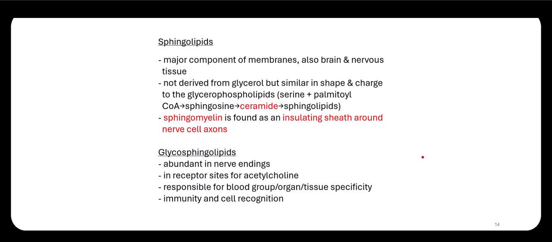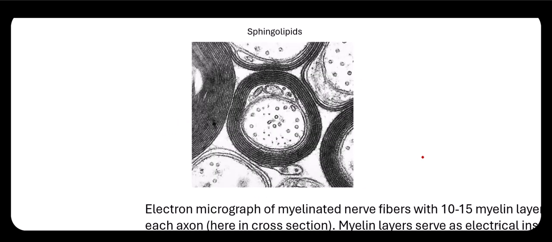But we're using sphingosine instead. So glycosphingolipids are abundant in nerve endings. You'll see that in anatomy, some physiology and everything. They're a receptor site for acetylcholine. We may get to that, but you'll definitely get to it in physiology. Electron micrograph of a myelinated fiber.